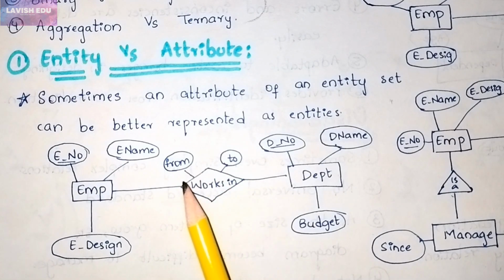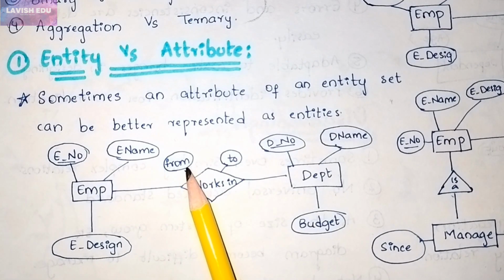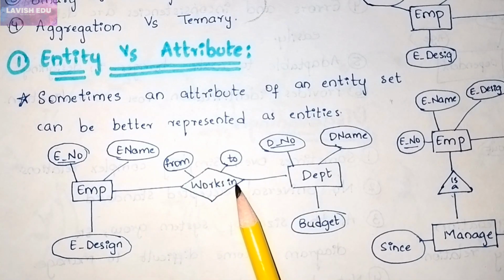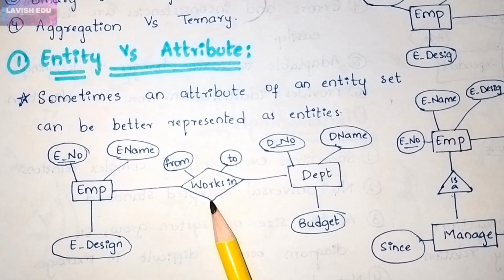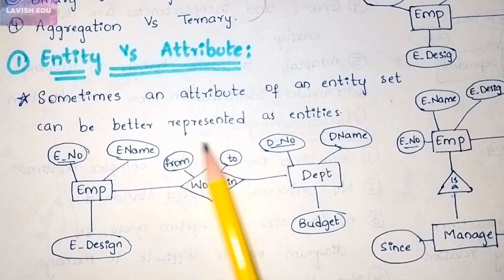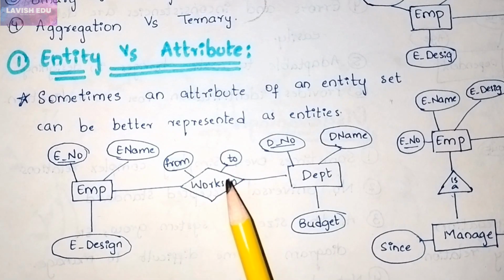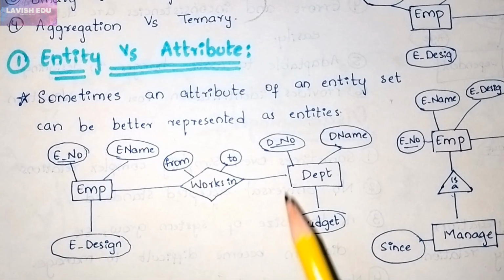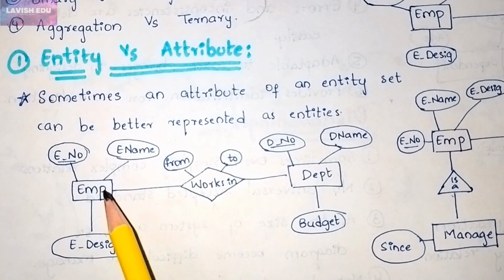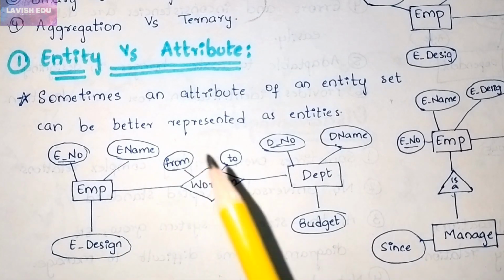Works in has two attributes, that is from and to. These from and to can be better written in a separate entity. This kind of representation makes it easier to understand the conceptual design.